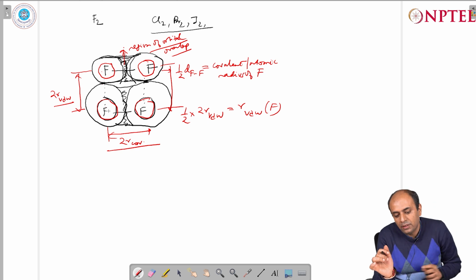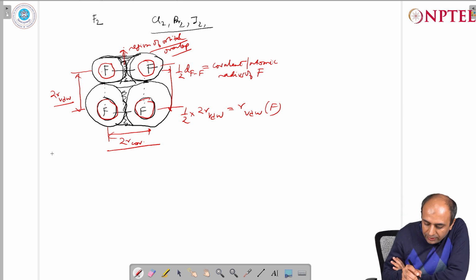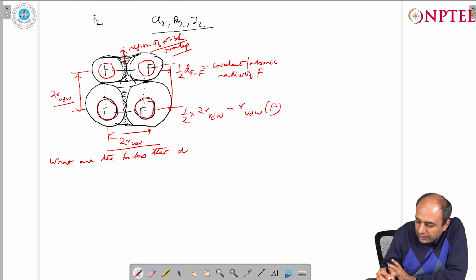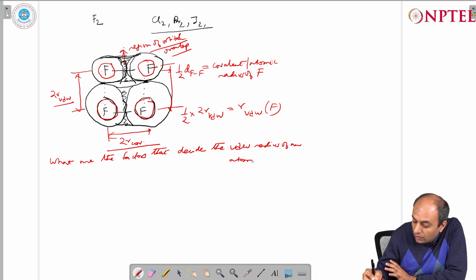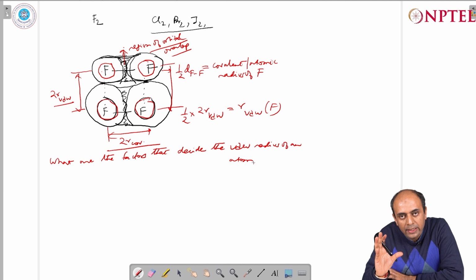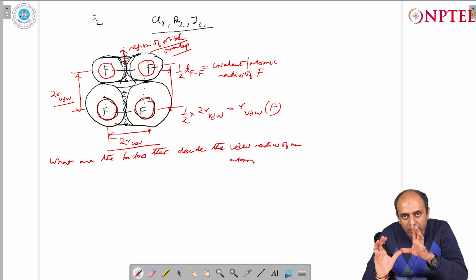And the next thing which was important is what are the factors that decide the van der Waals radius of an atom. Now we all know that atomic radii is constant, it is invariant by and large.